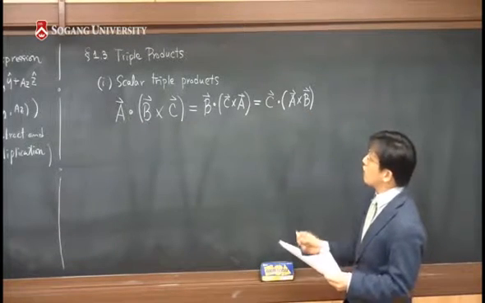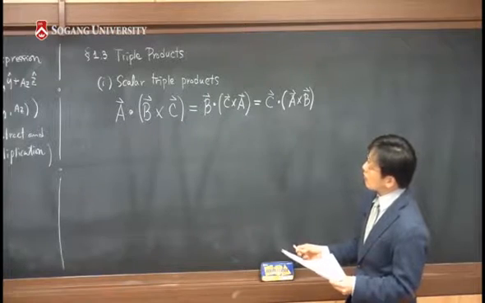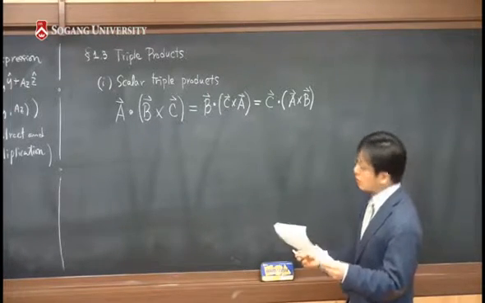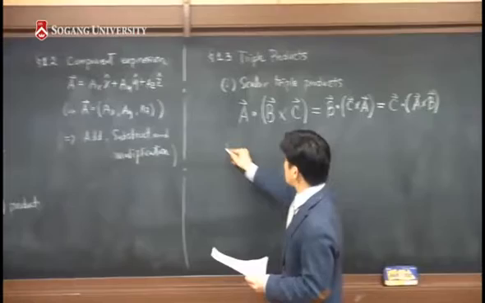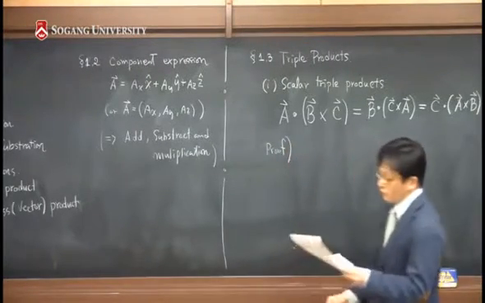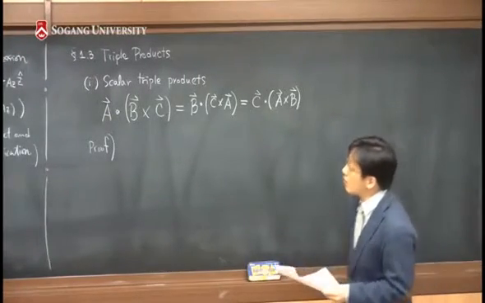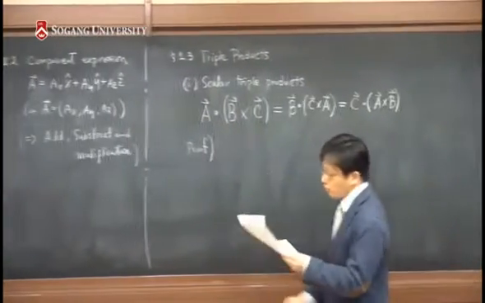These three permutations of the vector multiplications are equivalent, and we can give a proof of this equivalence by using the component expression of the vector operation.